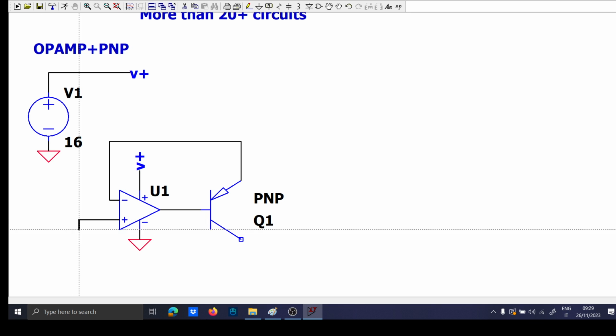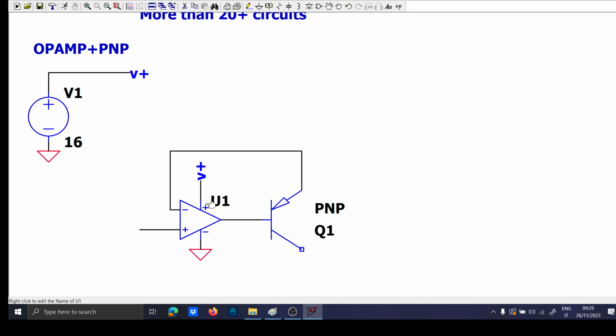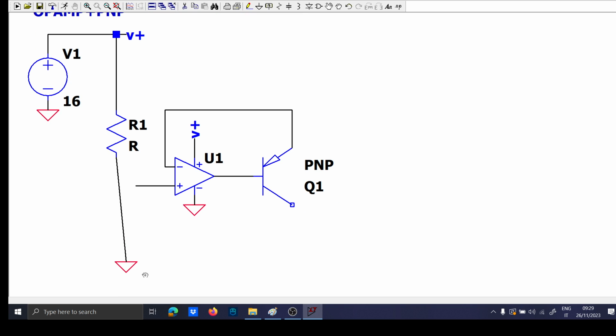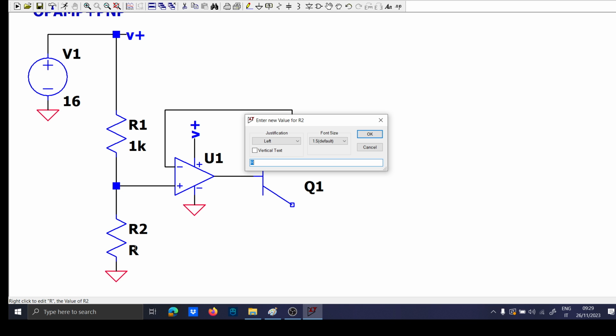In this way, the positive voltage of the op-amp will be clamped to the negative voltage, which we choose by a divider here. So let's say that I put a voltage, I can even put a voltage directly, not with a divider, but I don't care.